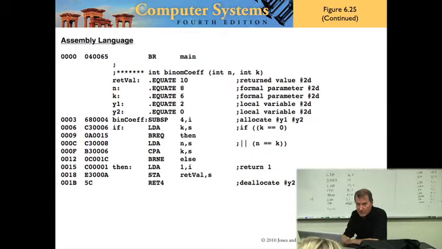Load accumulator, branch equal. Did we do it a little different? We had branching, I see, I had if and then. Yeah, okay, that makes sense, if, then, else. Are we good?